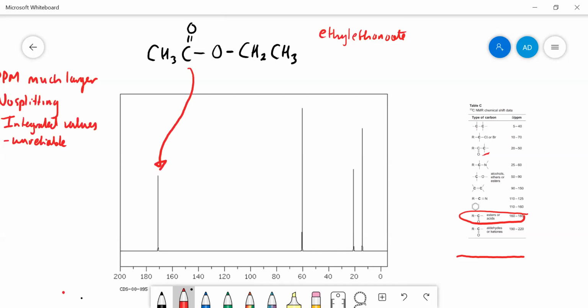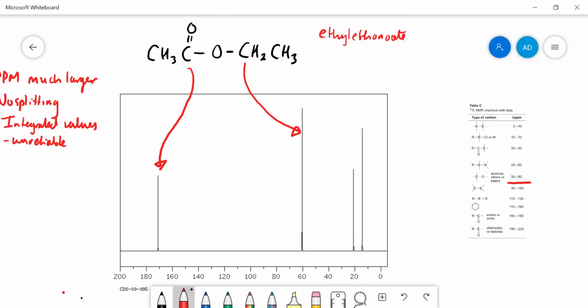We've got another one which is a bit higher than the other ones. This one here is 60, and that is probably that carbon there. If you look on the chart, alcohols, ethers, esters are between 50 and 90, so that's that one.